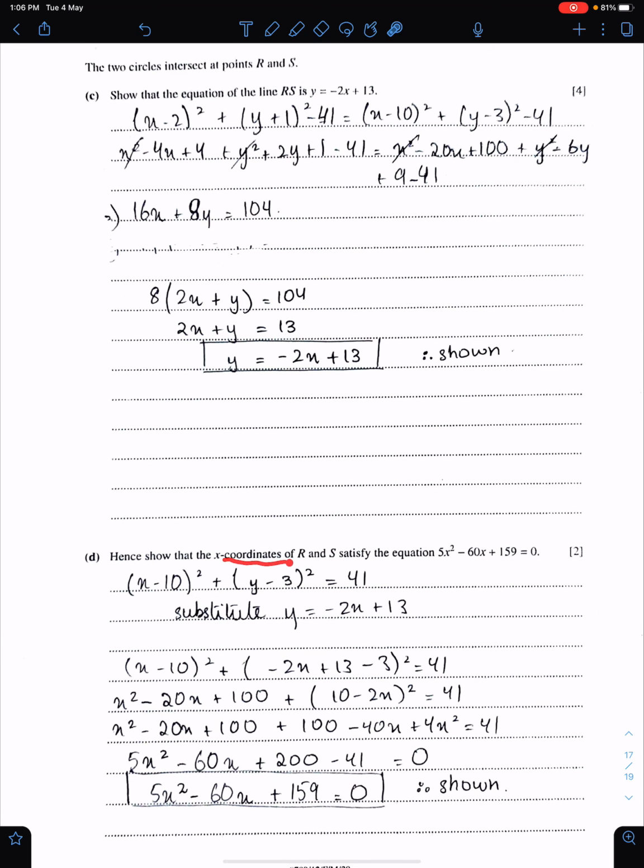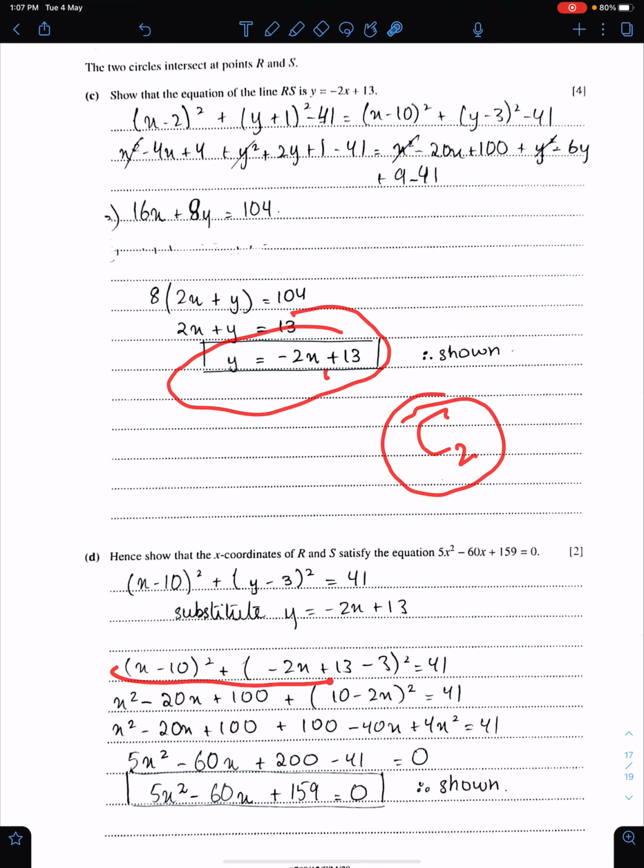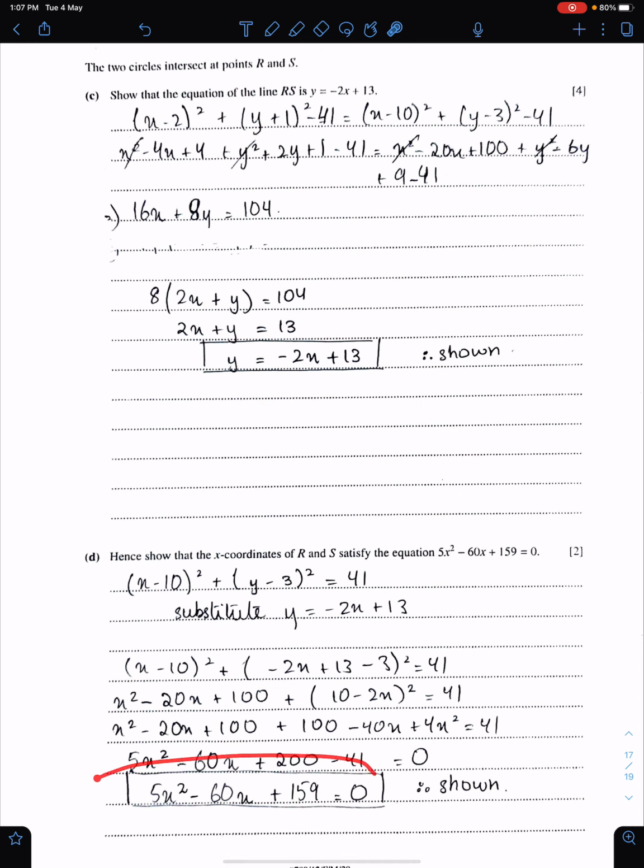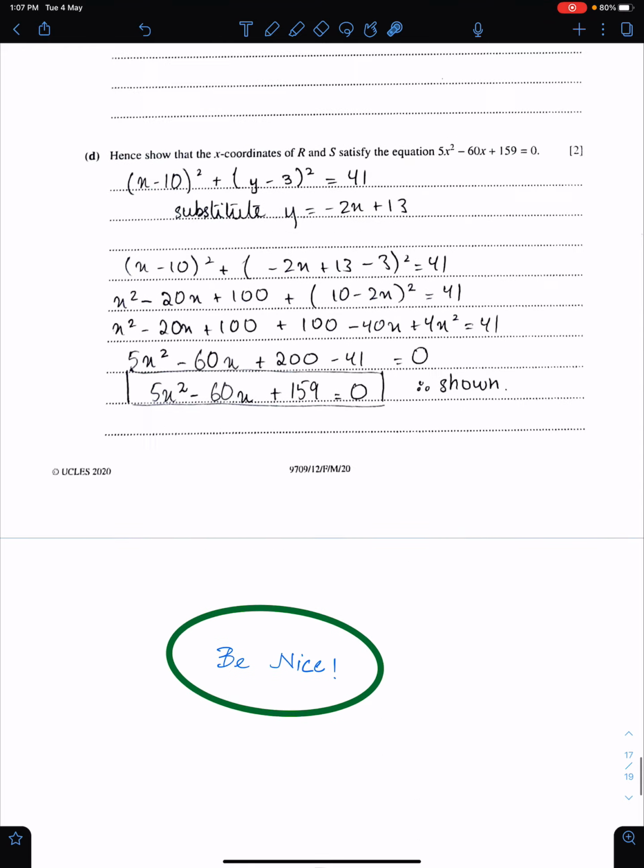Hence show that the x coordinates of R and S satisfy this equation. This is simple. This is the equation of RS. Just substitute this equation into the equation of circle 2. This is the equation of circle 2. You just need to solve this equation with the equation of circle 2, and you will get this. This is done.